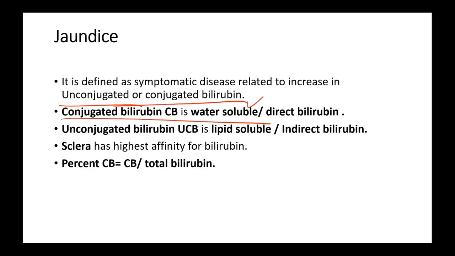It's also called direct bilirubin. Unconjugated bilirubin is lipid soluble. It's also called indirect bilirubin. Sclera has high affinity for bilirubin, which is why in jaundice there is a yellowish discoloration of the sclera because of elevated bilirubin.